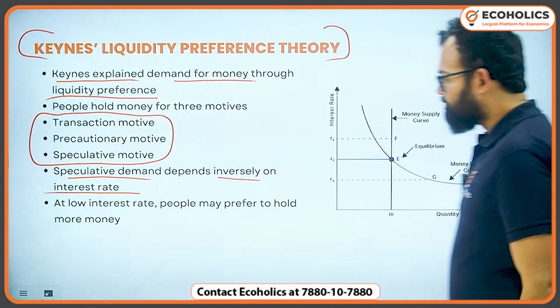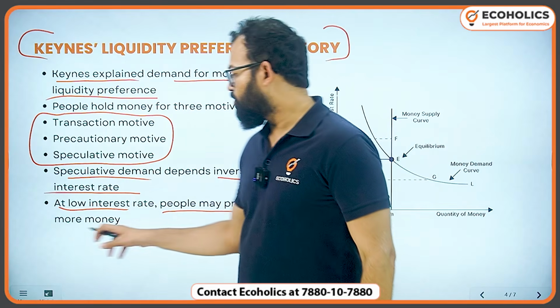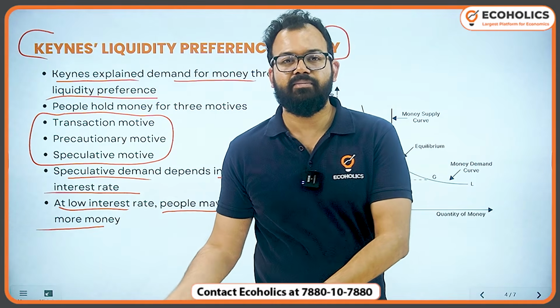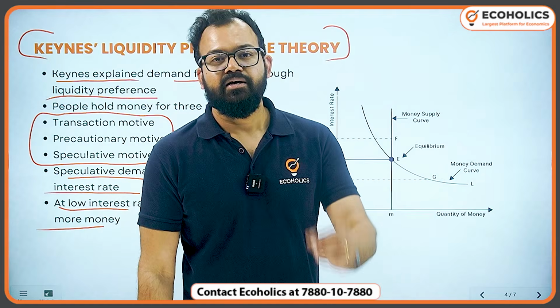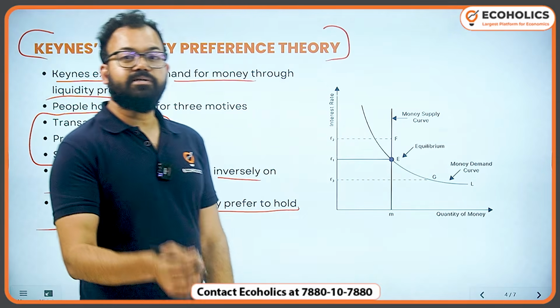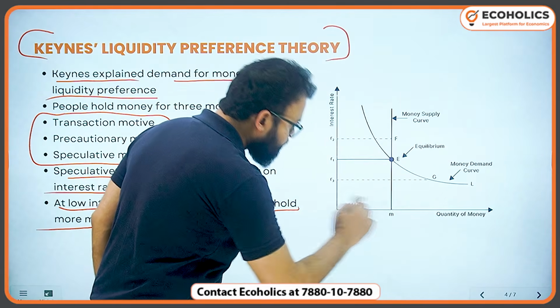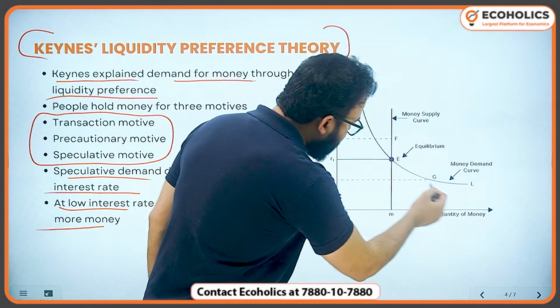Okay? So at a low interest rate, people may prefer to hold more money. Putting cash in the bank at 2%, cash at home 0%. So people say 2% is nothing. But on the same lines, if the bank is giving 7%, 8%, then people would prefer this. So the money supply curve, you can say, is vertical. This is the money demand curve.